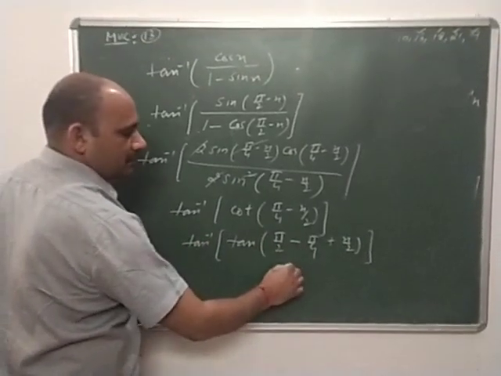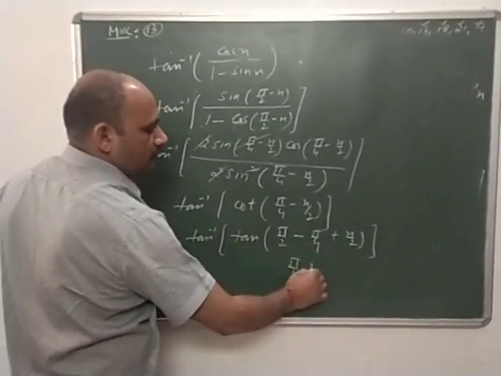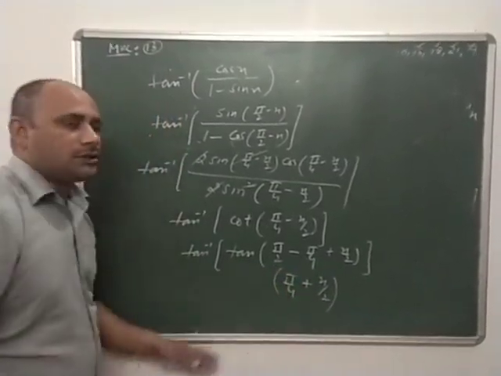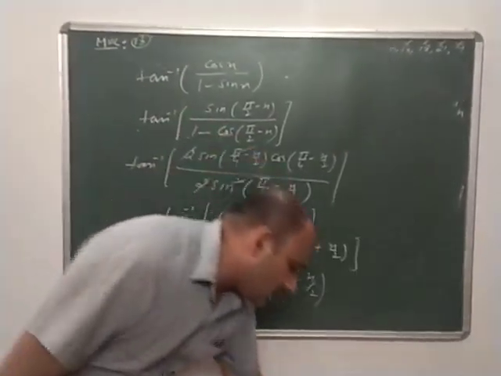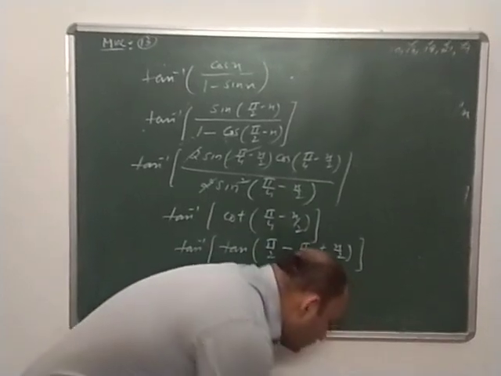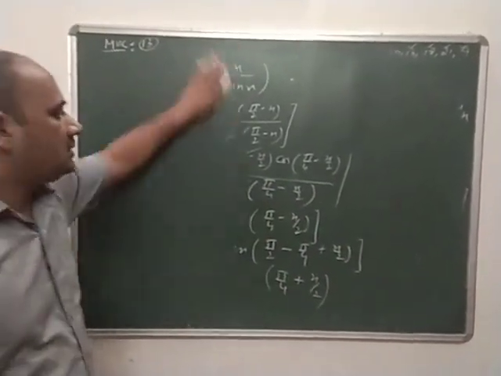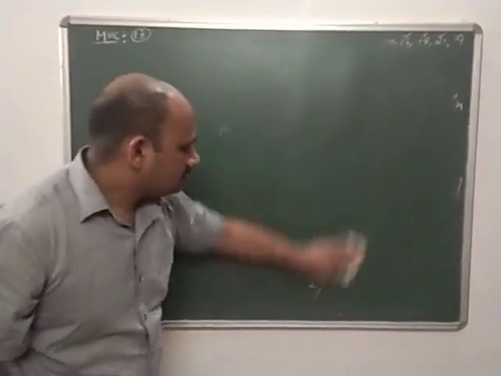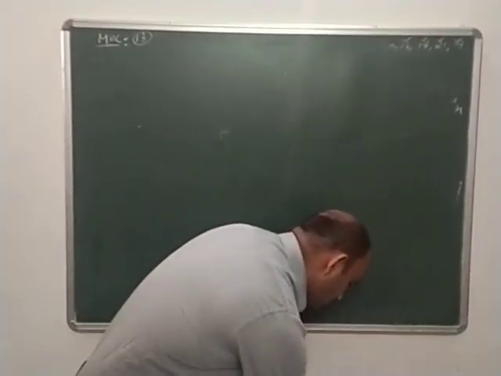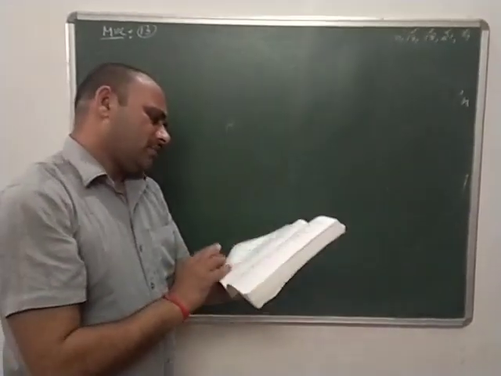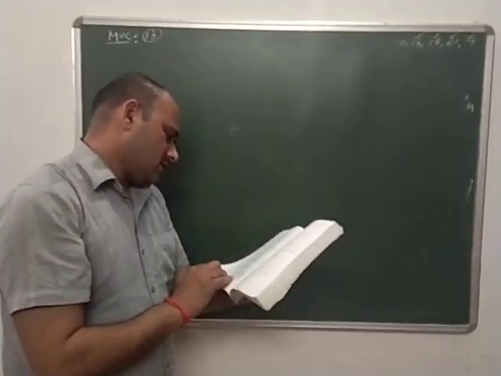Pi by 2 minus pi by 4 gives pi by 4 plus x by 2, which is the simplest form of tan inverse of cos x upon 1 minus sin x. So in NCERT, I think there is no problem, you can solve it.